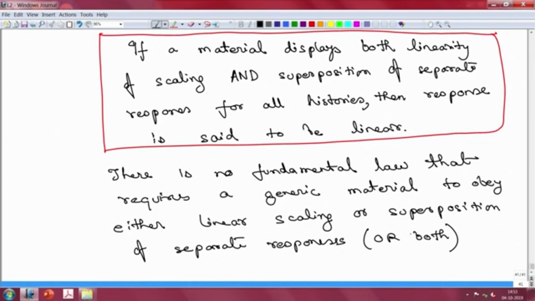So, this is a very important idea, and we can see that if a material has to behave in a nonlinear fashion, it has many different ways in which it can behave. We already saw that the linearity of scaling can have at least two different aspects, one where there is a critical stress above which it behaves as linear or nonlinear. There is also a time of application of the stress above and below which it can be linear or nonlinear.